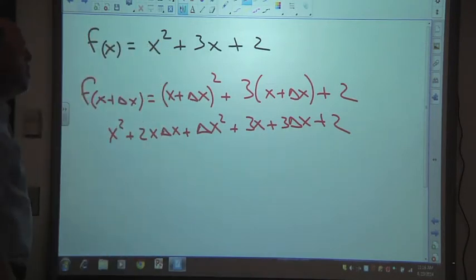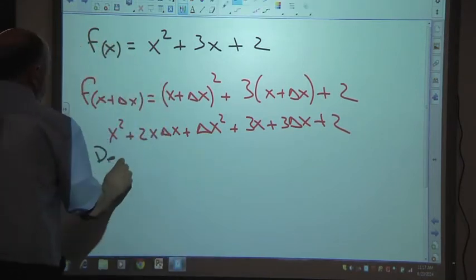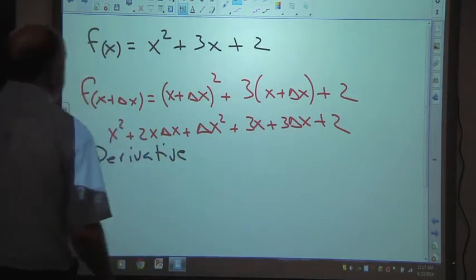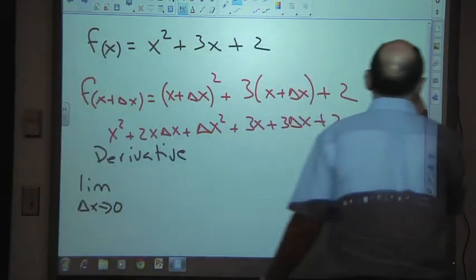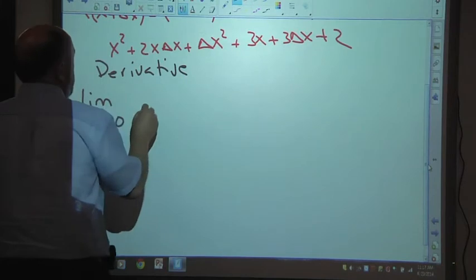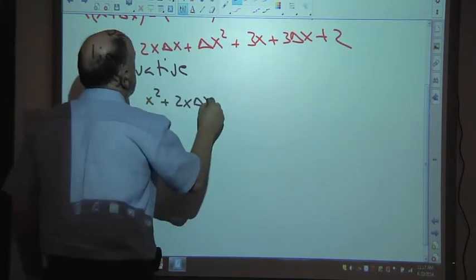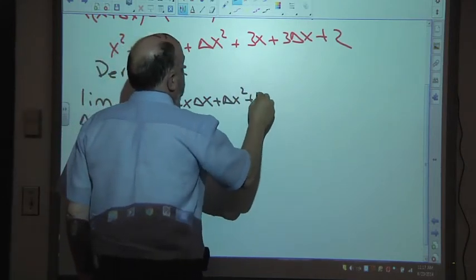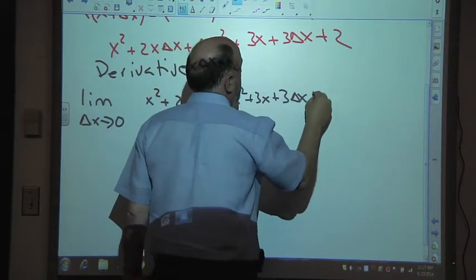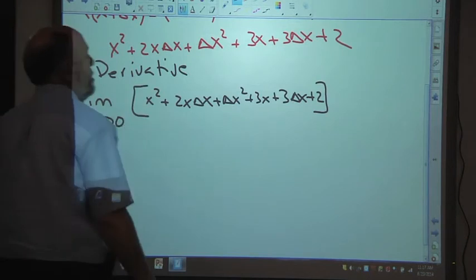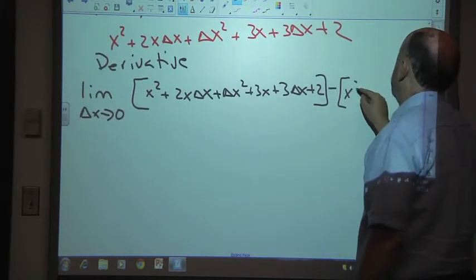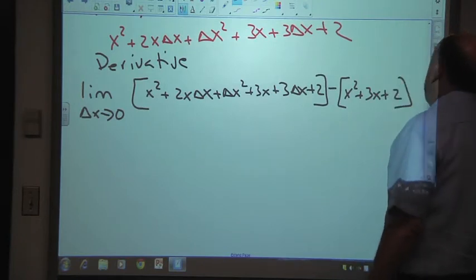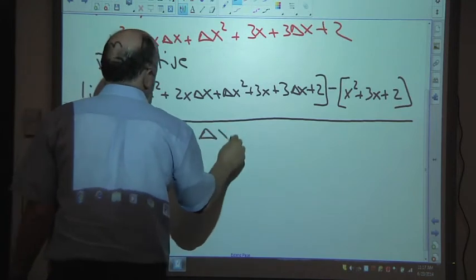Now if I take this information and plug it into my equation for the derivative, the derivative is going to be the limit as delta x goes to 0 of f of x plus delta x, so x squared plus 2x delta x plus delta x squared plus 3x plus 3 delta x plus 2, minus my f of x part, which was x squared plus 3x plus 2, all of that over delta x.